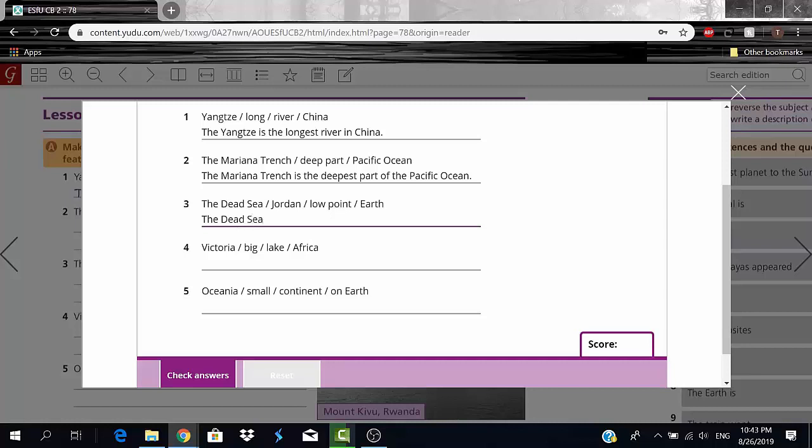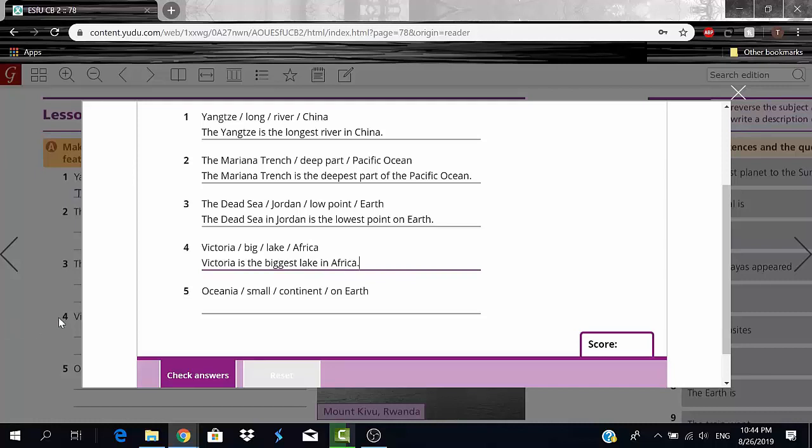The Dead Sea in Jordan is the lowest point on Earth. All right, then we have Victoria, big, lake, Africa. So for that, I'll say Victoria is the biggest lake in Africa.